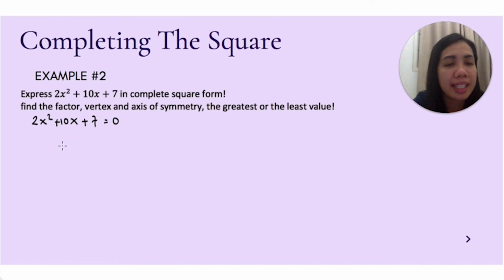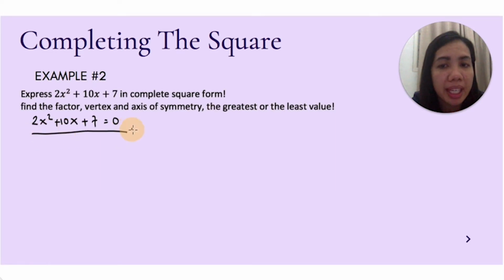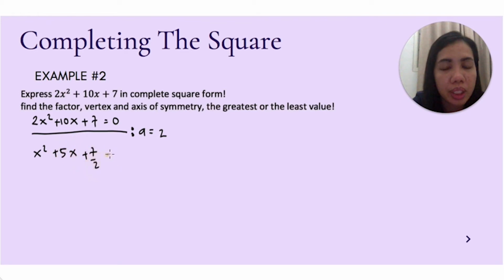In the first example, this step wasn't there because a was already 1. In this example, a equals 2, so we divide all the elements by 2. So we have x squared plus 5x plus 7 on 2 equals 0.